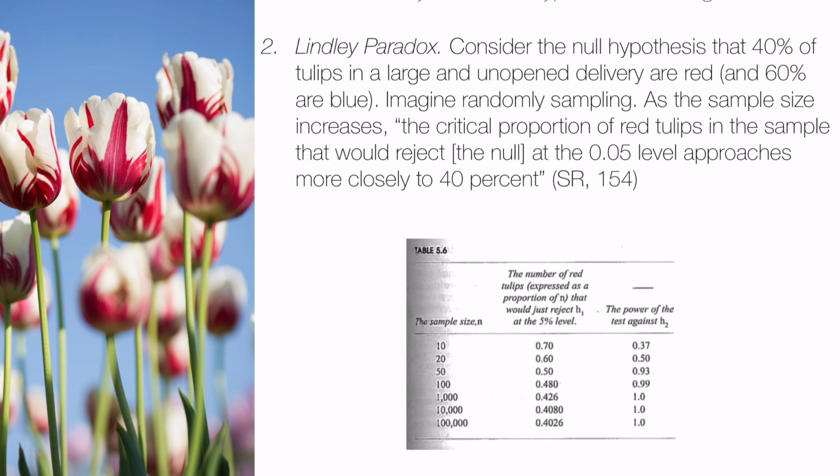And that's just because a really large sample is a very sensitive test. It's detecting very small differences, very small deviations from the null hypothesis. So in some sense, a frequentist could say this is not really a bug, it's a feature of hypothesis testing, that the more information you have in your data from a large sample size, the better detection mechanism you have to detect really small differences.